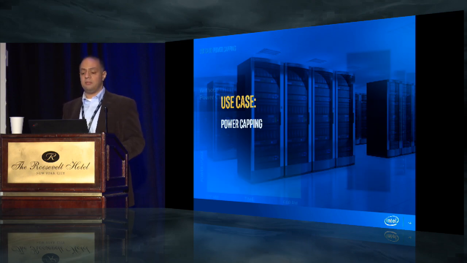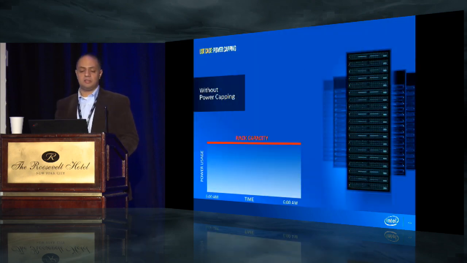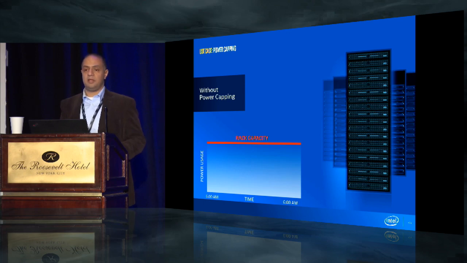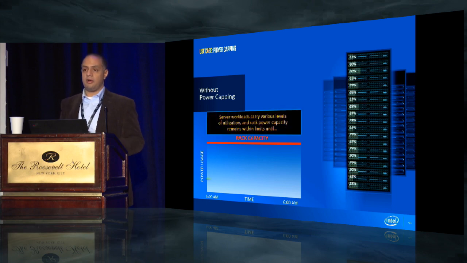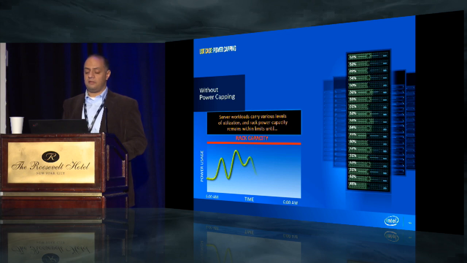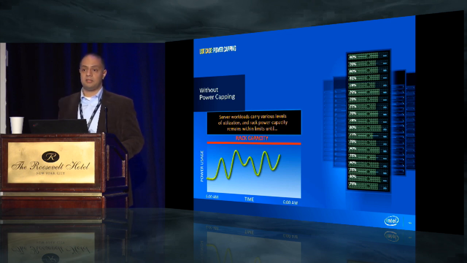So with DCM, one of its strong capabilities is being able to do dynamic power capping, and with that you can tell on the rack level or the node level or the row level even that if a certain power budget is reached, you can dynamically change the power policies of those servers and reduce the workloads so that you stay within that power budget.